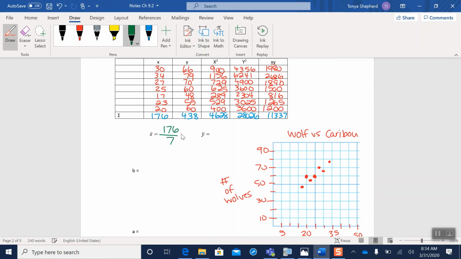Okay, so if I go ahead and divide that, I will get my x bar value, and then I have to do the same thing for my y's. So let's see, 176 divided by 7 is 25.14.